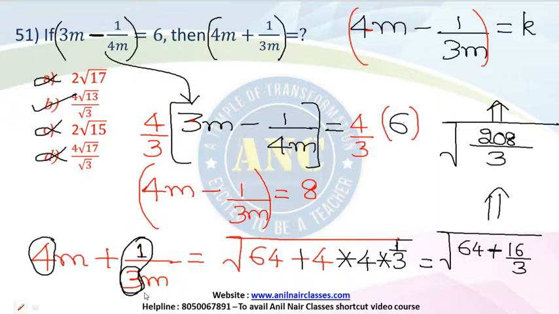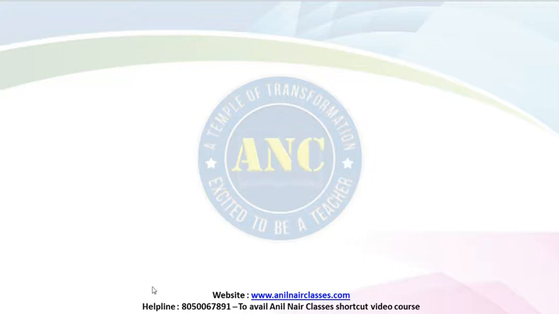But please make sure you change the given condition according to what is being asked in the question. Because the question is asking 4m plus 1 by 3m, if you know 4m minus 1 by 3m, it becomes dead easy to solve. So make the if condition look like the format of 4m minus 1 by 3m by doing all the required adjustments. I hope the idea is very clear for you.